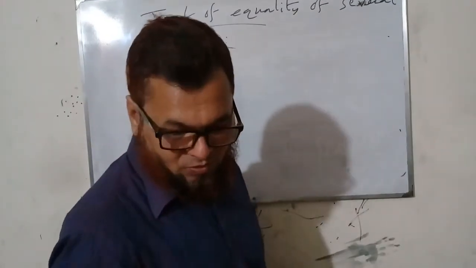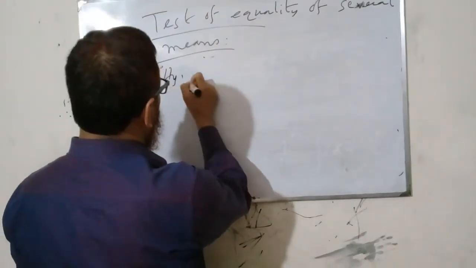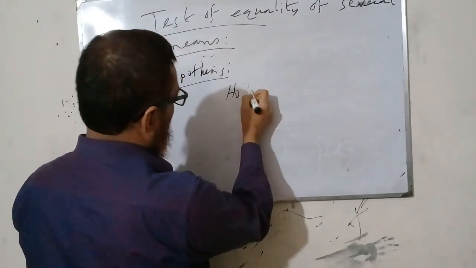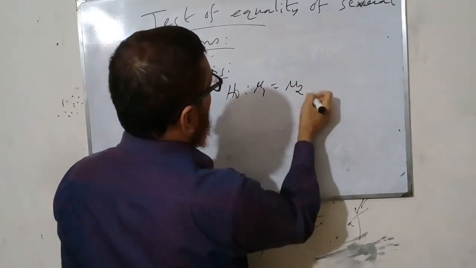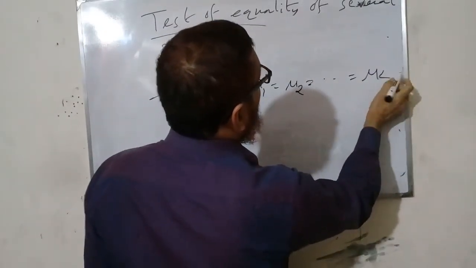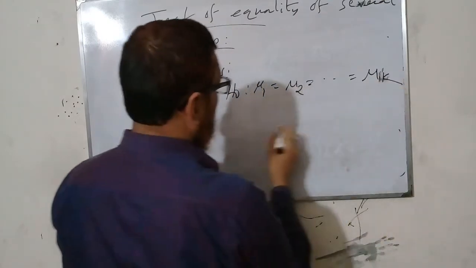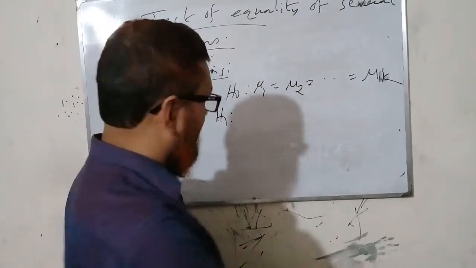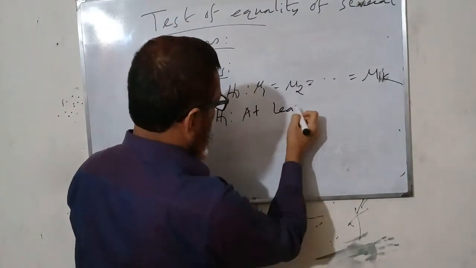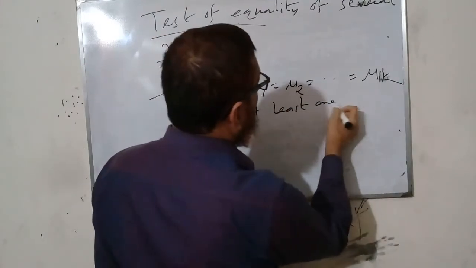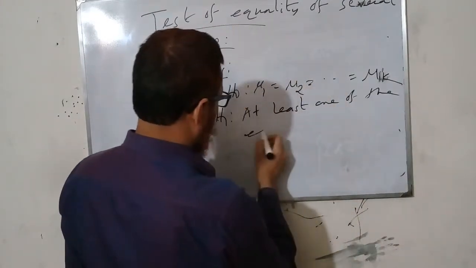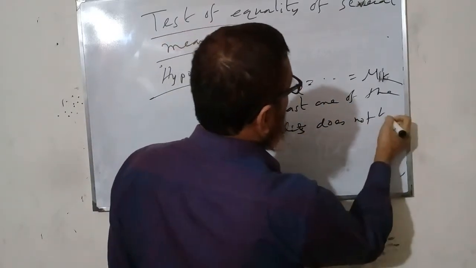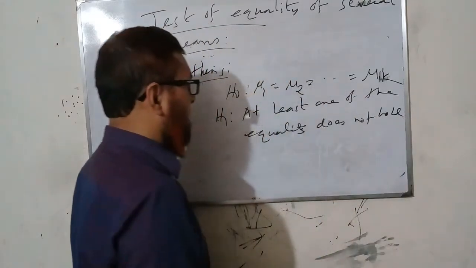Next, hypothesis. Null hypothesis mu1 equal to mu2 up to mu k, alternative: at least one of the equality does not hold.